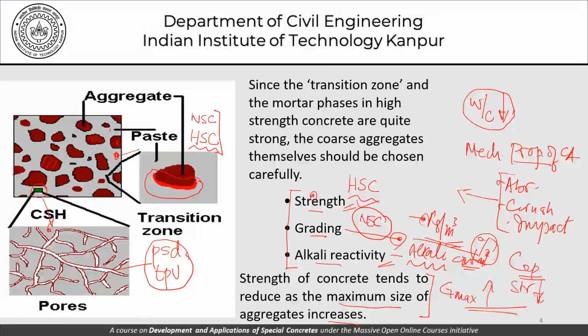We'll see it later on that most of the time we do not see high strength concretes being used for aggregates higher than 20 mm size. In fact, for higher strength concretes, we will find that the maximum size of aggregates has been capped at sometimes values lower than 20 mm. Now, why this happens? Why, as Gmax increases, the strength decreases? This is something which I'm leaving to you to think about and search the literature and to reason it to yourself.